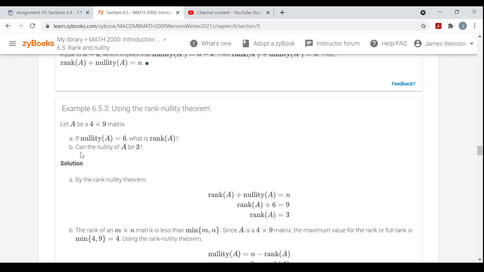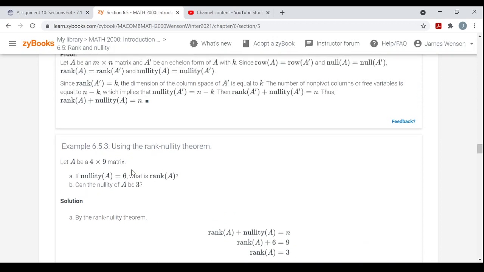Now the next question is, can the nullity of A be 3? And the answer to that would be no. Remember, we talked a little bit about rank earlier. If this is a 4 by 9 matrix, the highest the rank could be would be 4.